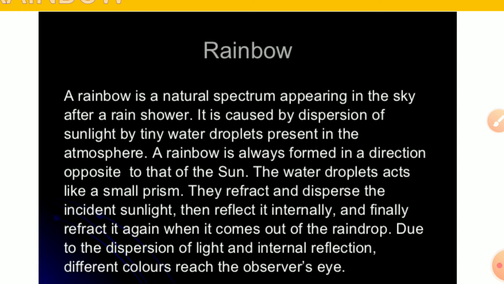The water droplet acts like a small prism. They refract and disperse the incident sunlight, then reflect it internally and finally refract it again when it comes out of the raindrop. Due to the dispersion of light and total internal reflection, different colors reach the observer's eye.